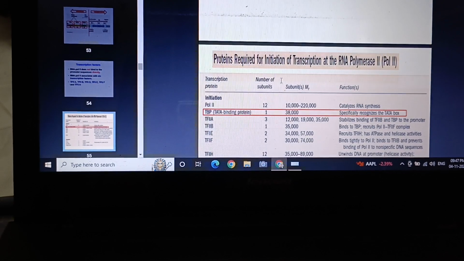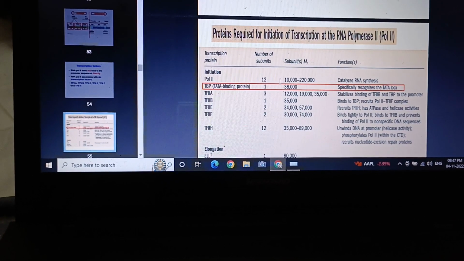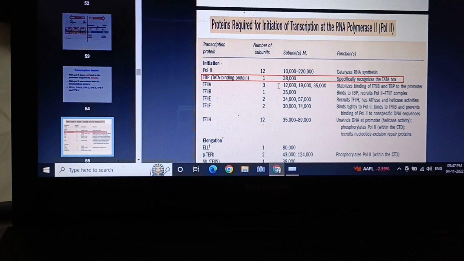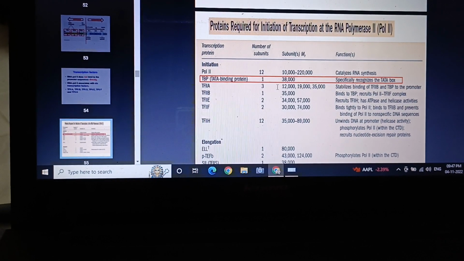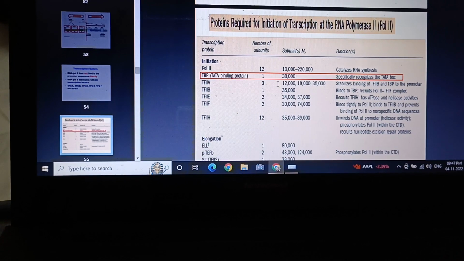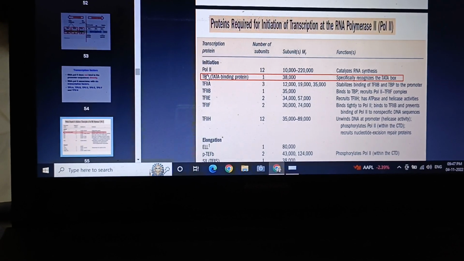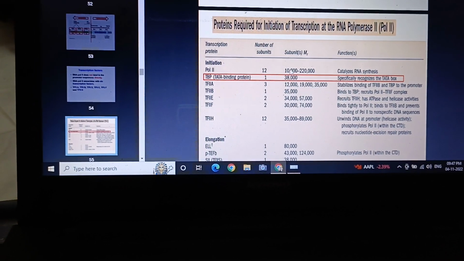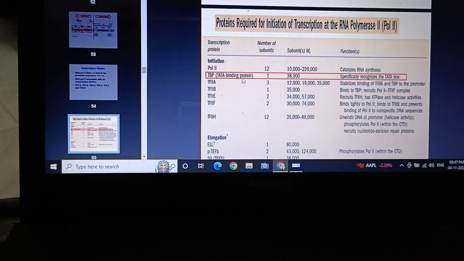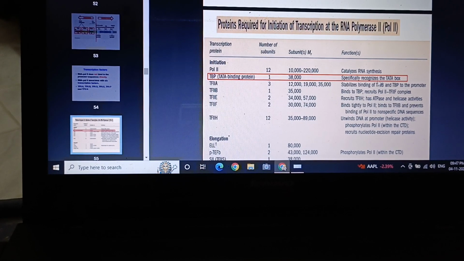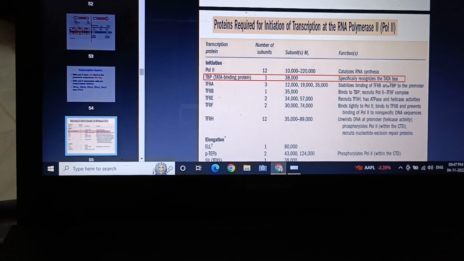Proteins required for initiation of transcription at the RNA polymerase. What are the proteins needed for initiating transcription? RNA polymerase 2, which has 12 subunits, and then TBP, the TATA box binding protein, which specifically recognizes the TATA box.